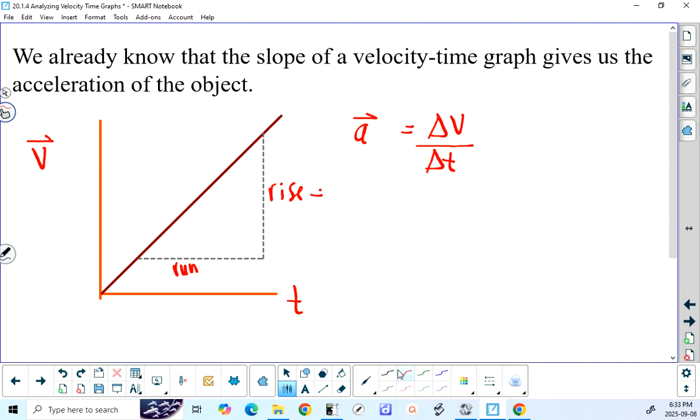This is delta V. What is the run? Well, looking at that triangle, the run is a measurement of the x-axis or the horizontal axis, which is a change in the time. So when you take delta V, which is the rise, over delta T, which is the run, you get the slope, but delta V over delta T is by definition the acceleration. So this is nothing new. We already know that this is the case, and we've used it whether the line is straight or we're dealing with a curve.